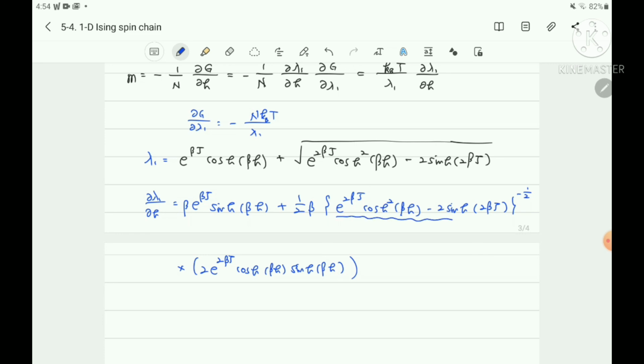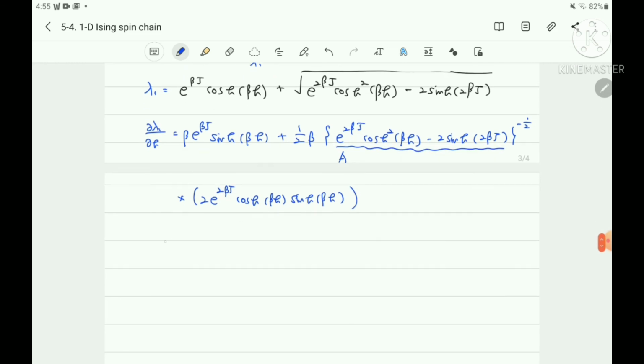Let's write this down, represented by a. Then let's summarize. In the beta exponential beta j hyperbolic beta h, the first term is 1 plus square root a exponential beta j cosine hyperbolic beta h.